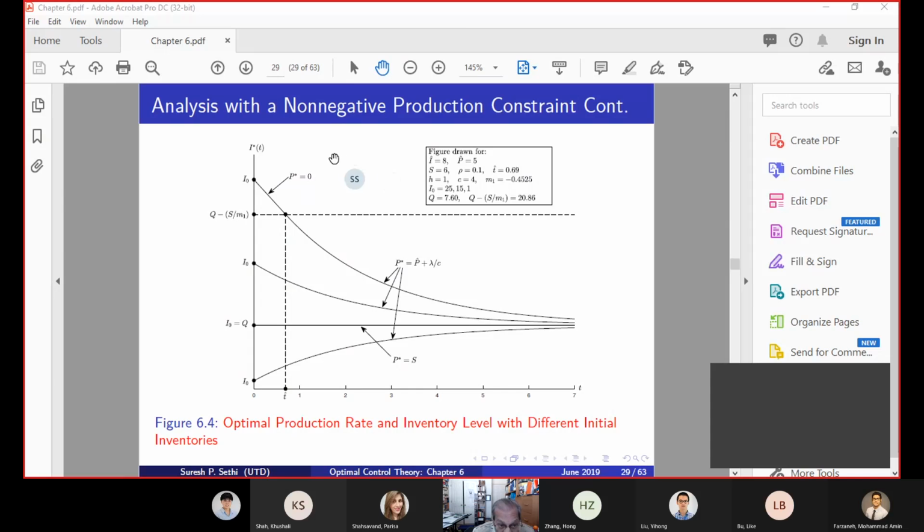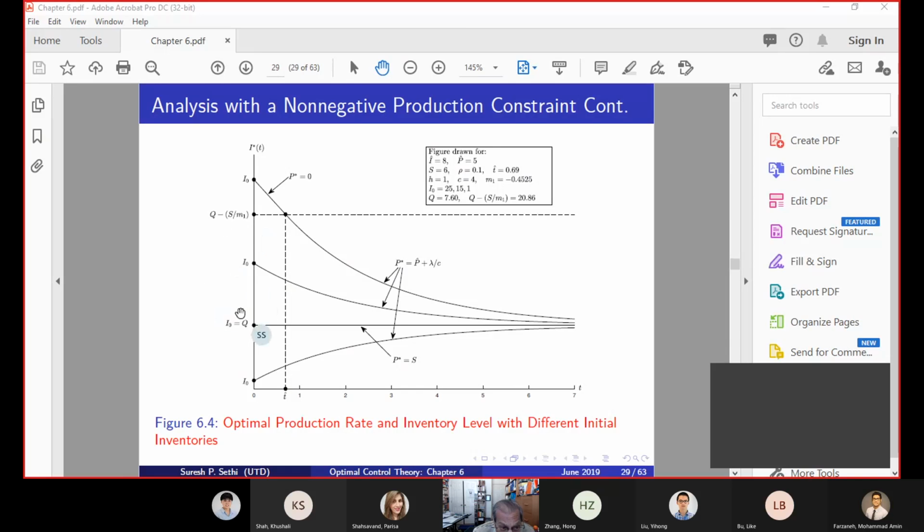Notice now, because I'm producing nothing and my demand is 6, at some point the inventory will go down all the way to this dotted line. This level is exactly Q minus S divided by M1.